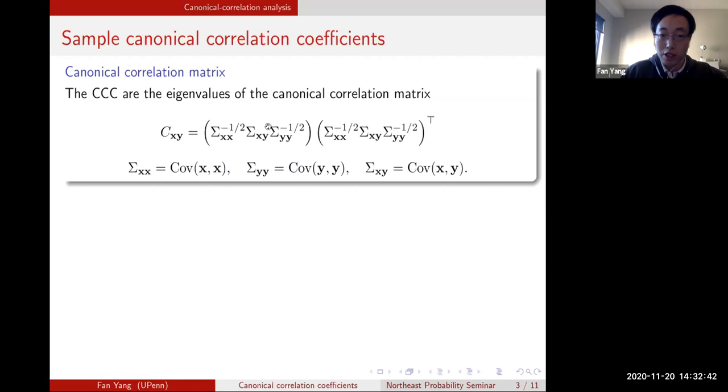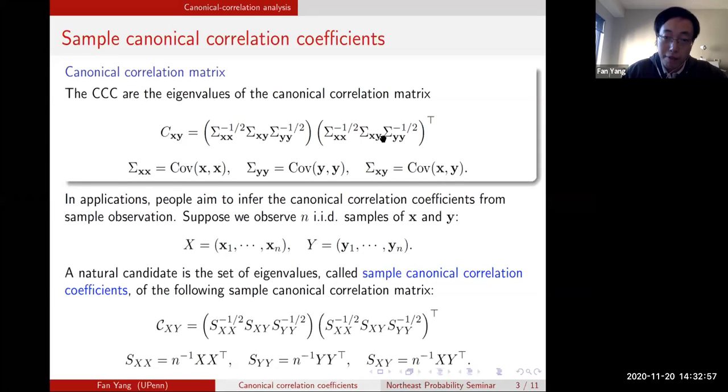We are just rescaling the cross covariance matrix by these two covariance matrices on the left and on the right.